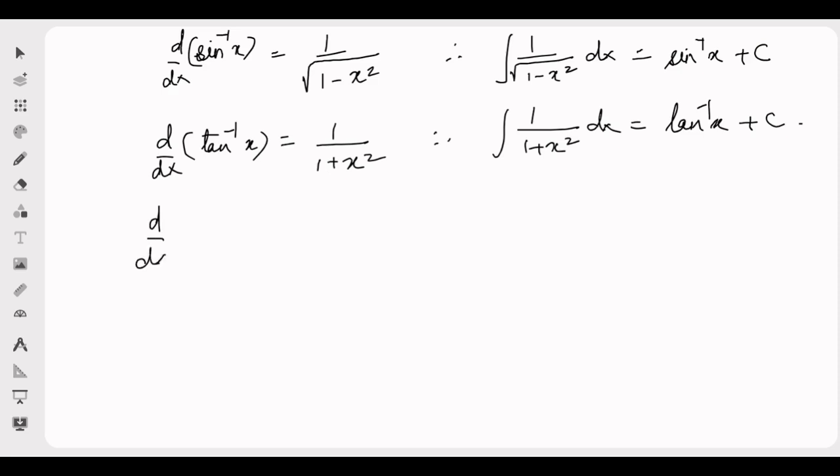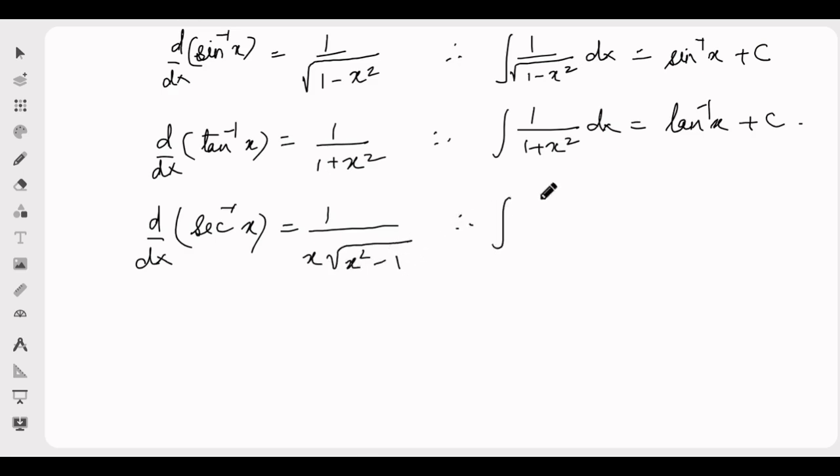Derivative of sec inverse x is equal to 1 upon x under root x square minus 1.